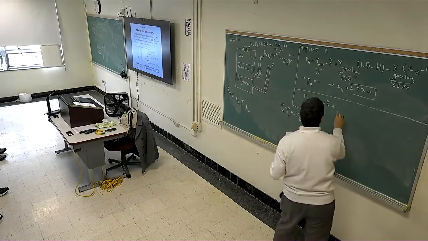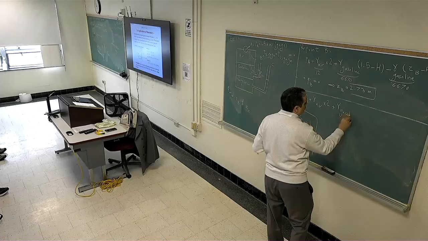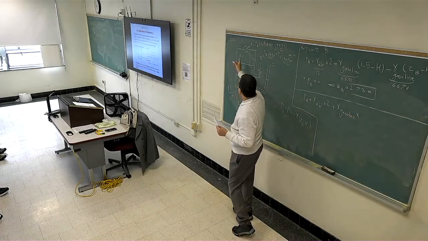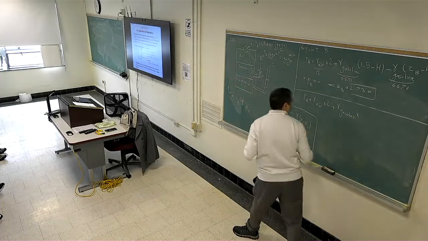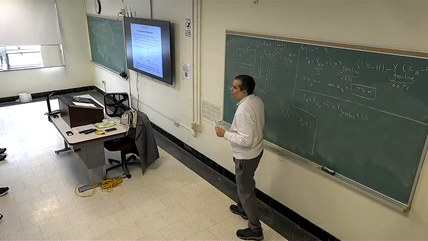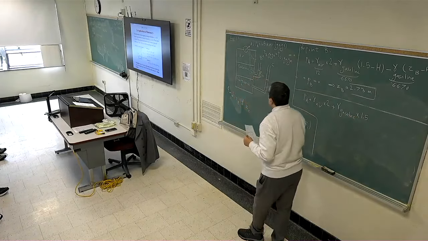Gamma gasoline, multiply how much? I want ZC. Yeah? 1.5. Here the H is not important. H is for this gauge meter.